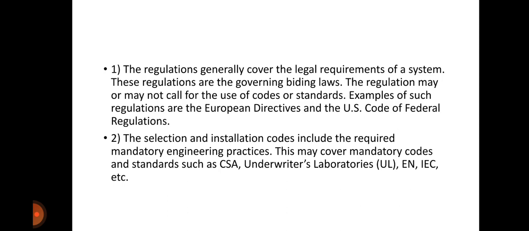So here in the first one we can see that the regulation generally covers the legal requirements of a system, or the governing binding laws. Examples of such regulations are the European directives and the US Code of Federal Regulations.